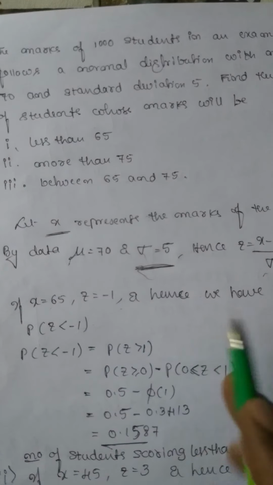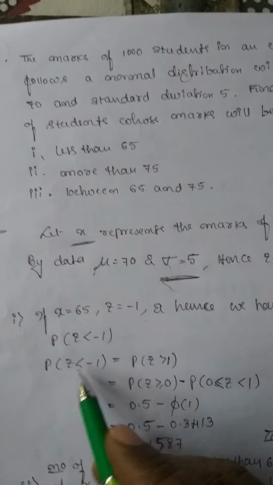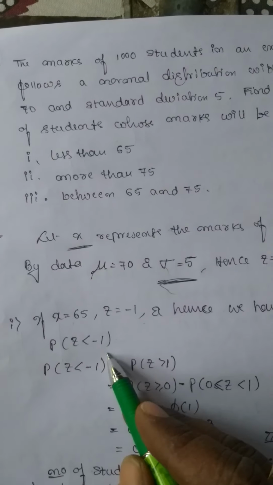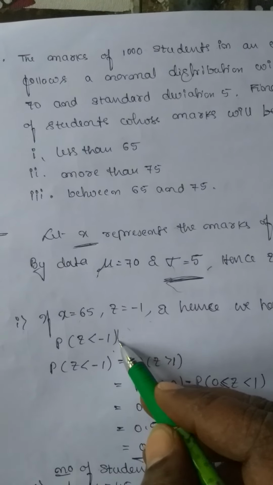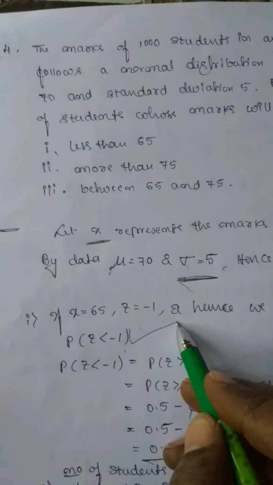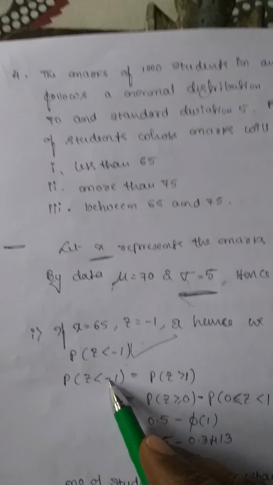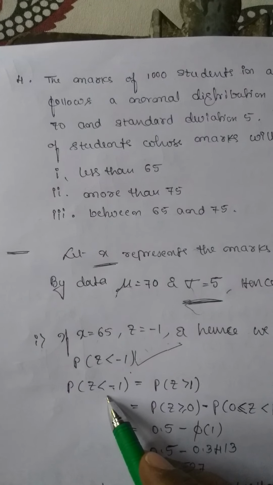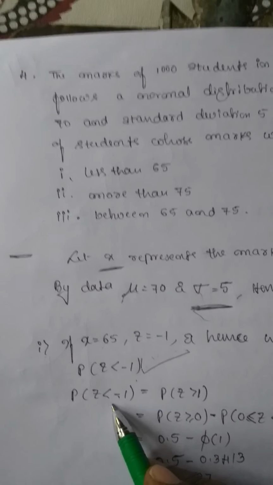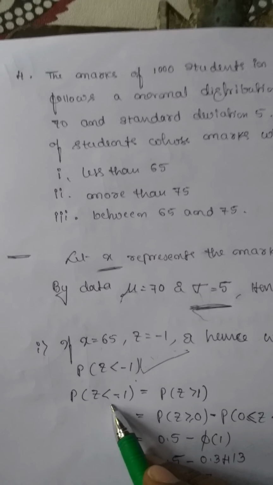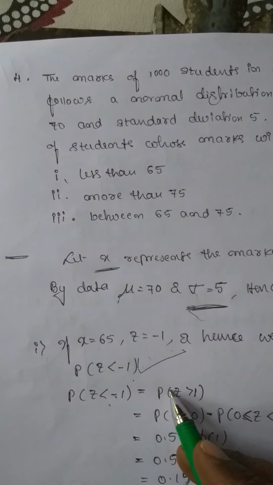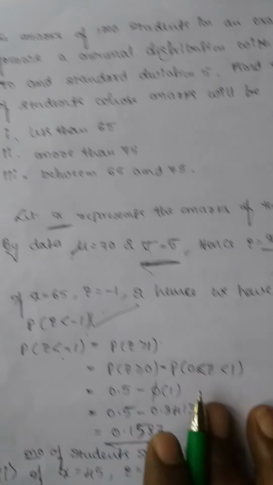Hence, writing P of x less than 65 is the same as writing P of z less than minus 1. So for the first sub question, we need to calculate P of z less than minus 1. Now, how can you write that? Because of the symmetry of the curve, we can write P of z less than minus 1 as P of z greater than 1.